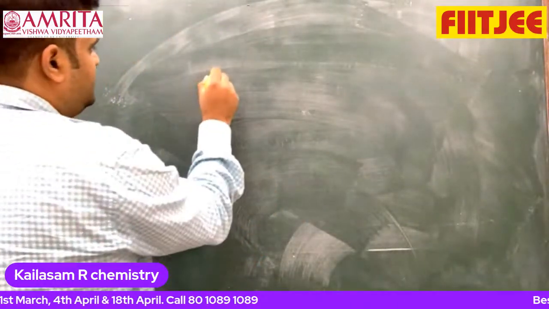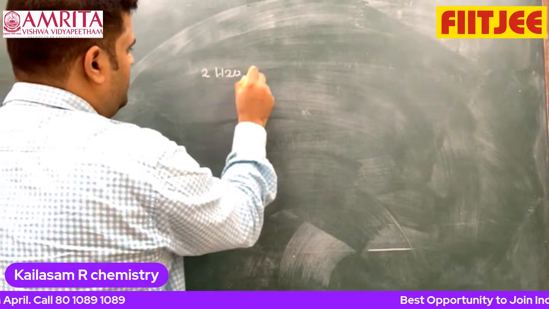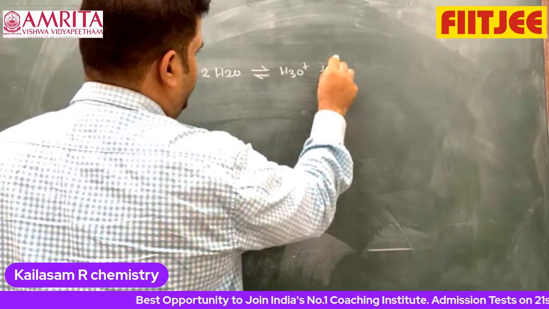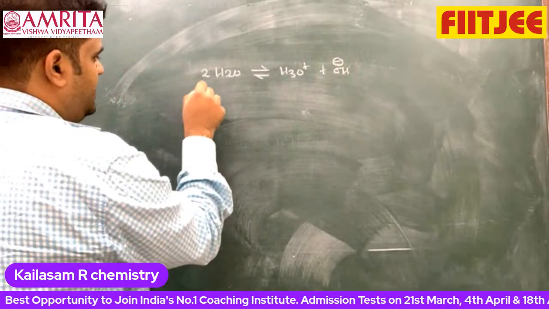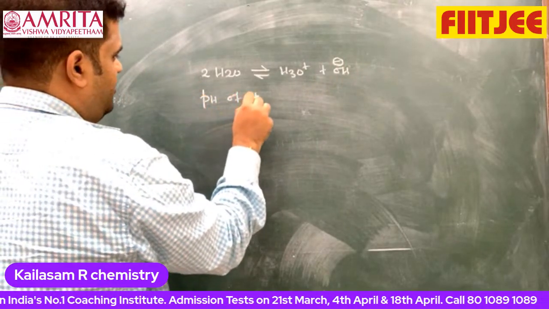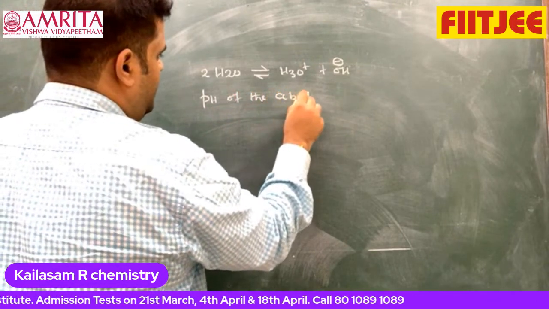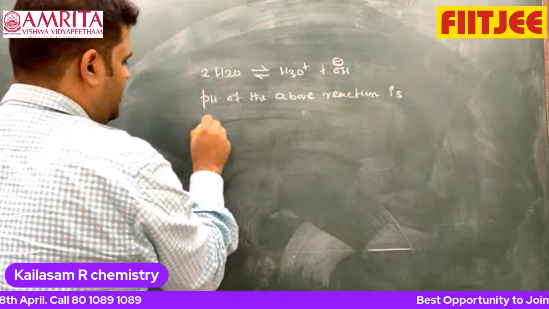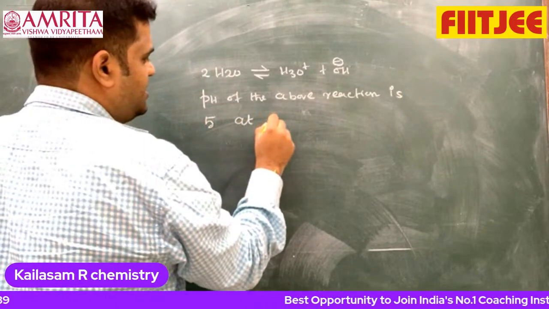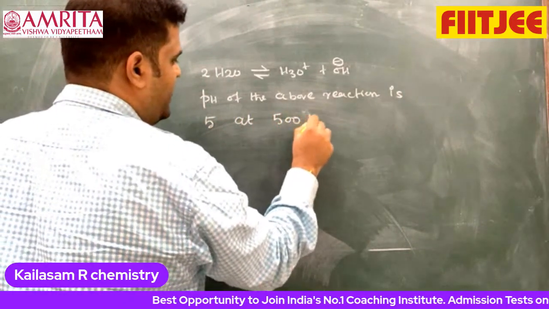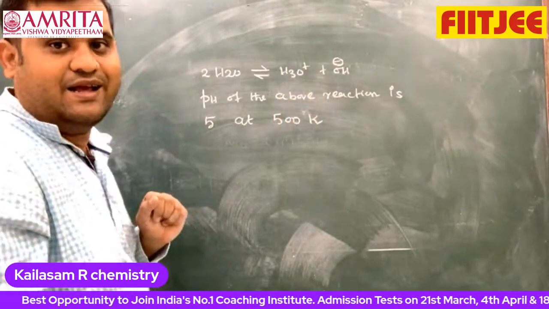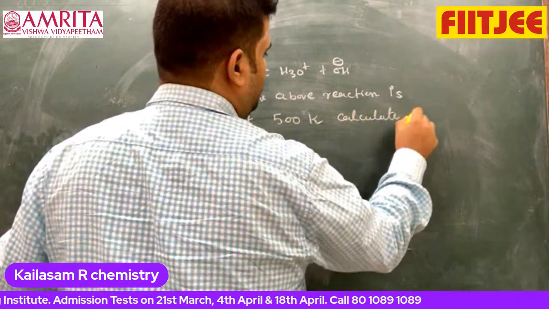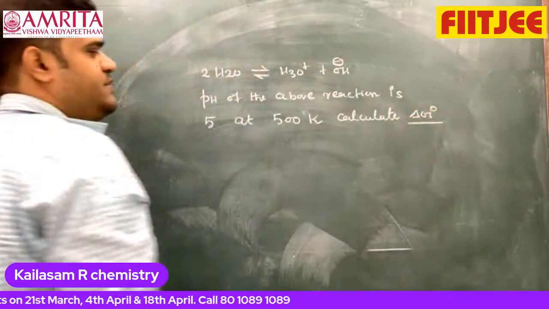Listen, I'll make it 2H2O giving H3O plus plus OH minus. Now the pH of the above reaction is 5 at 500 Kelvin. Calculate delta G naught. This is the question you may expect.